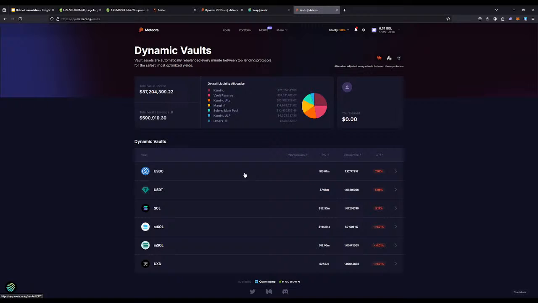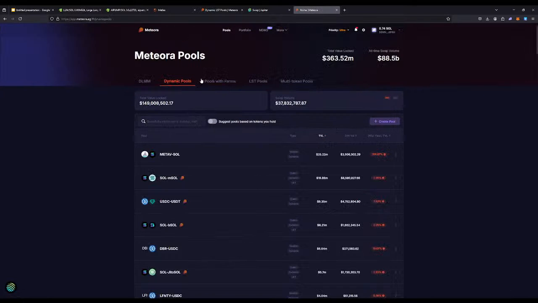major lending platforms. Now, let's talk about the dynamic pools, not the DLMM pools, the dynamic pools. These are dynamic AMM pools, wherein you're providing liquidity from zero to infinity.